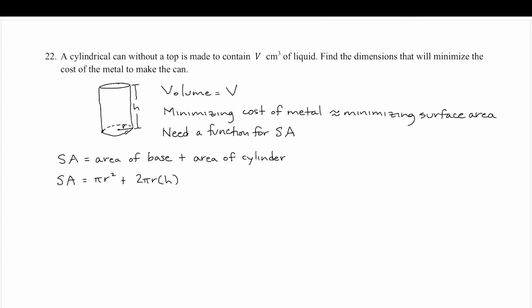So I have my function for surface area, and I want to minimize that, but again, it's in two variables. So how can I solve for either r in terms of h or h in terms of r? So the surface area function is in two variables.